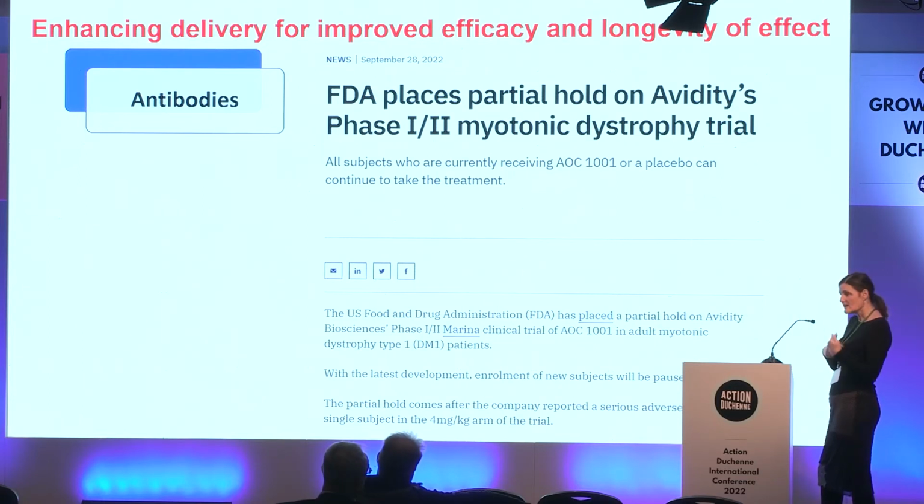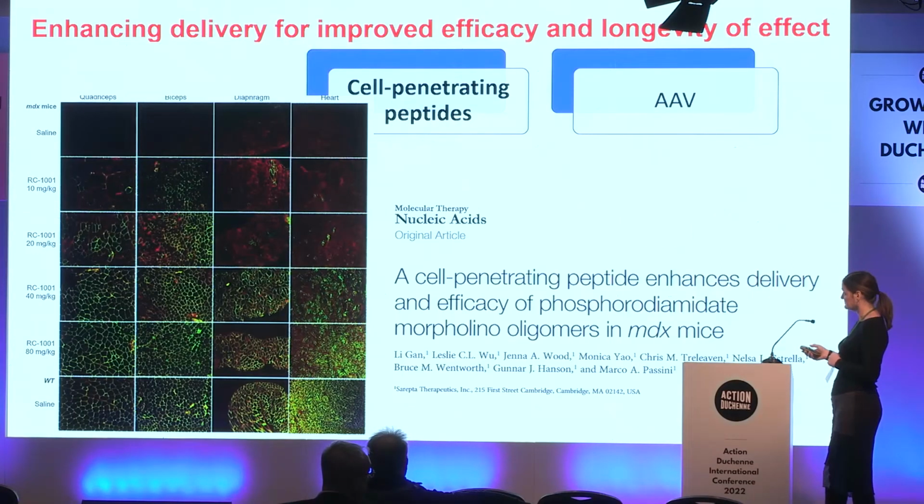But if they see an unexpected adverse event, then the drug authorities will put a halt on the trial because they then have to modify their trial protocol to make sure it's safe. So when you see a hold being put on the trial, it's not always really bad news. It just means they're modifying it slightly. So they did have a halt placed, but it has now been lifted. They are already in clinic for a different dystrophy, and they are now doing or planning the Exon 51 trial.